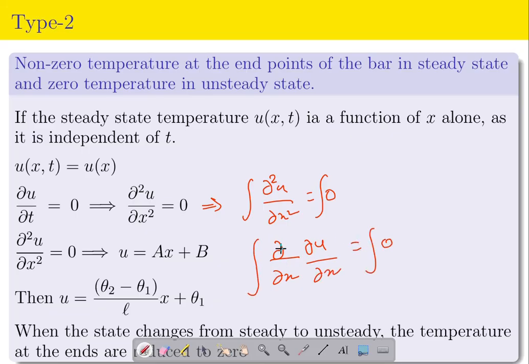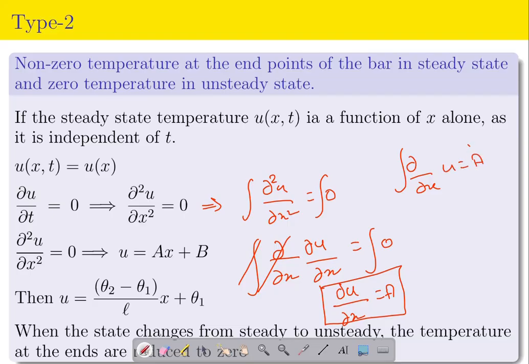Integration and differentiation get cancelled, and we get ∂u/∂x = a. Again, we integrate once more: the integral of ∂/∂x of u equals the integral of a. Integration and differentiation get cancelled, and u is nothing but ax + b. So this result we will get.